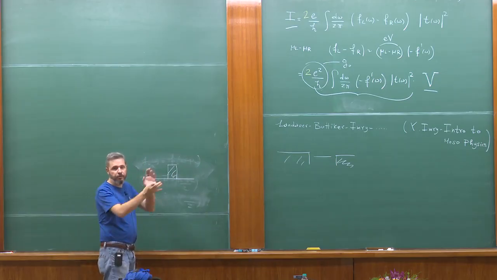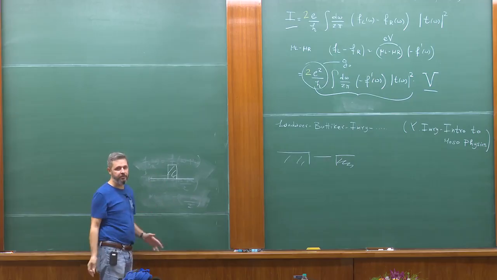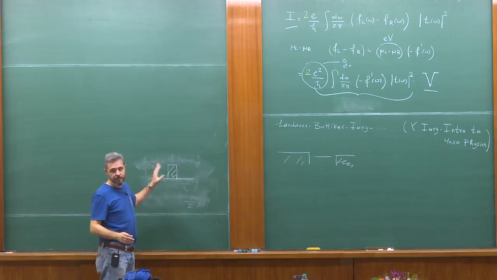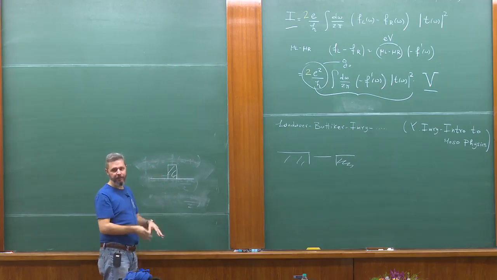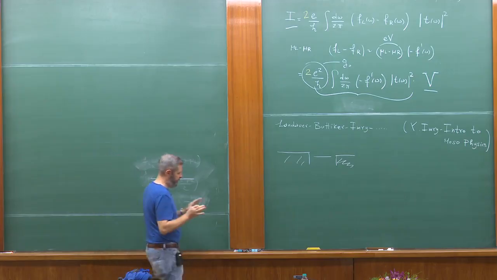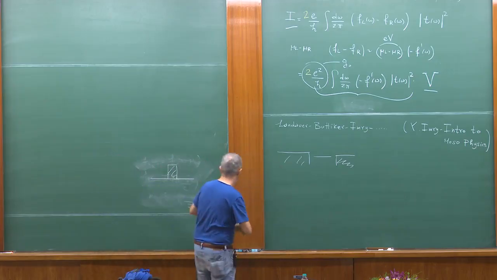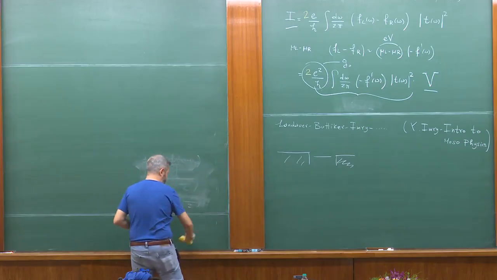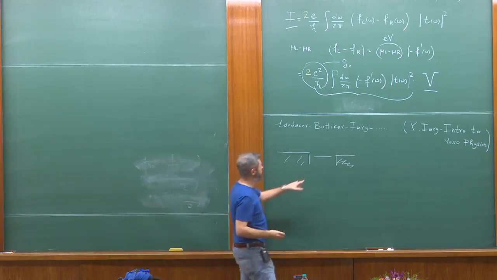You can put 2 potential barriers, 10 potential barriers. You will not be able to write any paper about this because all of this was done and beaten to death by people 40 or 50 years ago. So forget about it. But for fun, you can do whatever you want.